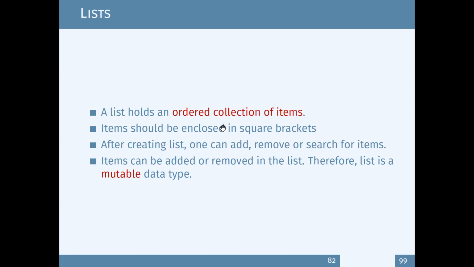Because of this, we can say that a list in Python is mutable data. Mutable means you can change it the way you want. On the other hand, we will see there are some other data structures that will not allow you to do this. Okay, let's start then.